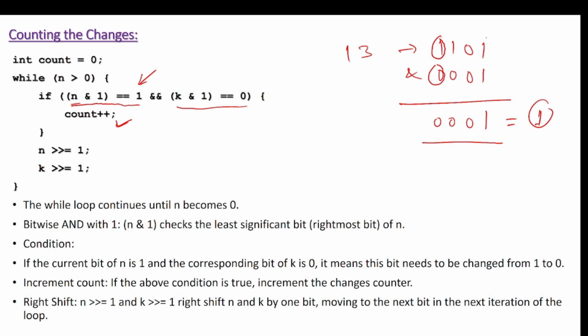If it is 1 and here is also 1, there is no need to change. So we check this condition, then count plus plus, and we shift n and k by 1. We continue, doing a right shift with 1 and moving bit by bit to the next bit in each iteration.